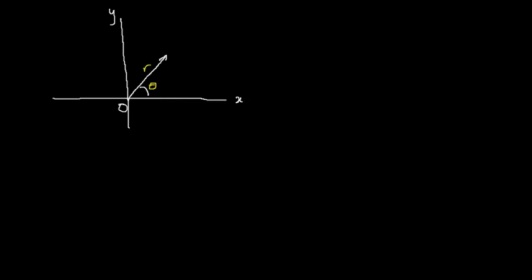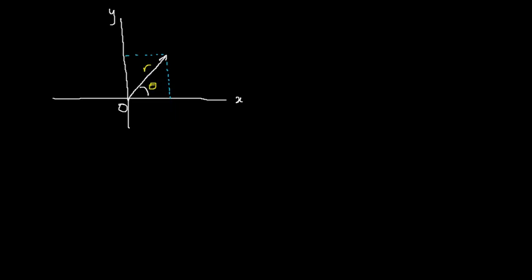Now, there is another way of describing a vector which is also very useful, and that is, if we imagine having this arrow with its tail at the origin, then we can describe its tip position using the x and y values on this graph.